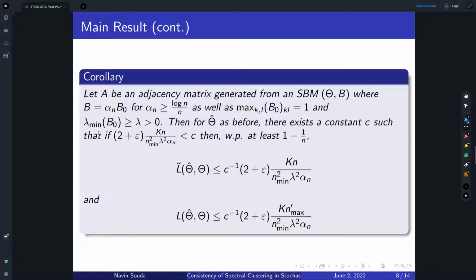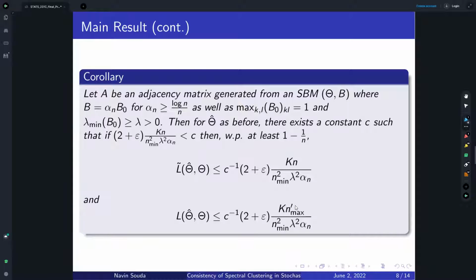Then if we find our theta hat again through the approximate k-means, there is a constant c, so that if 2 plus epsilon times kn over the minimum community size squared times lambda squared over alpha n is less than c, then again with probability at least 1 minus 1 over n, we have that our worst case community misclassification rate is bounded by this function that depends on basically kn divided by the minimum community size squared lambda squared alpha n, and then for the overall misclassification rate, we replace that n with n prime max.